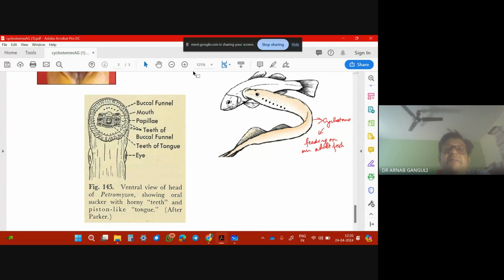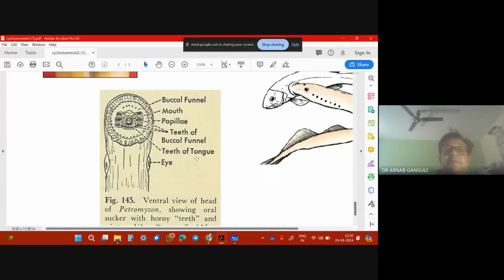Now, if you look at their mouth, as you know, it is circular. Therefore, cyclostomata. You have a buccal funnel. Here I'm looking from the side.